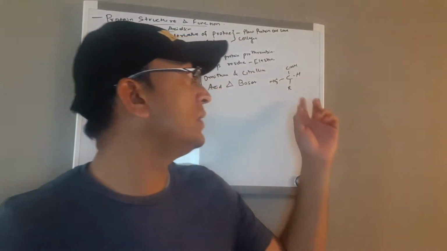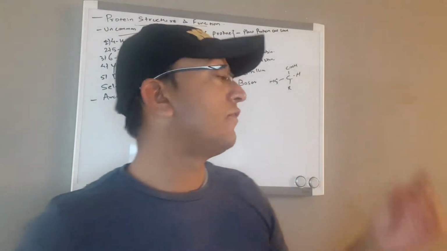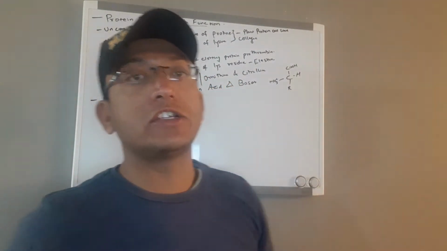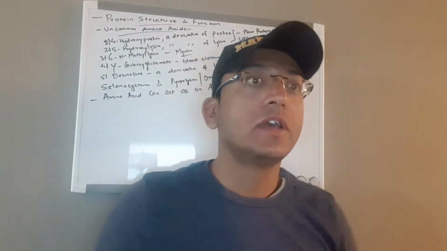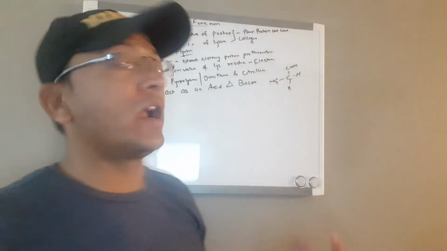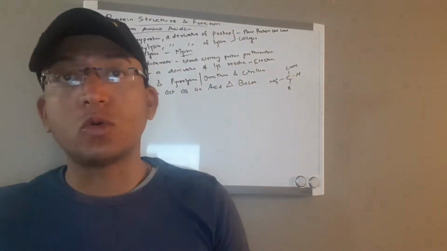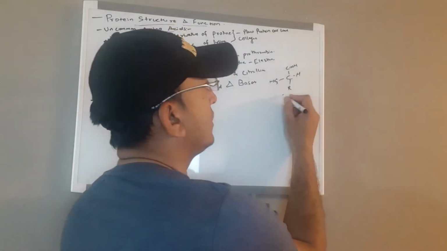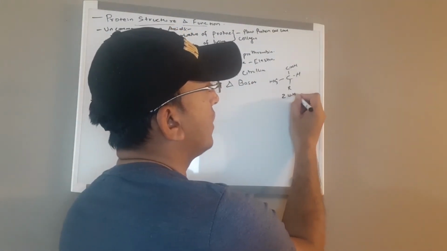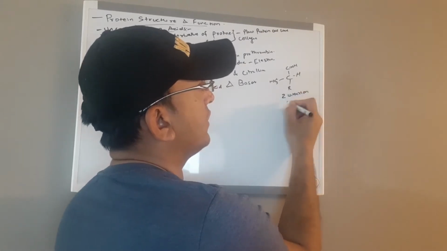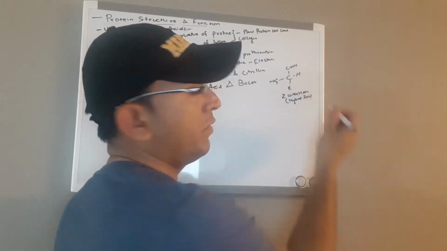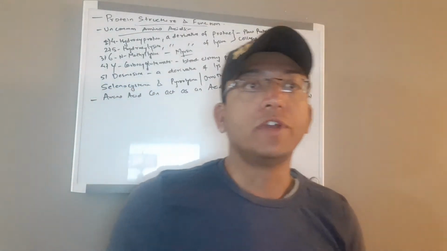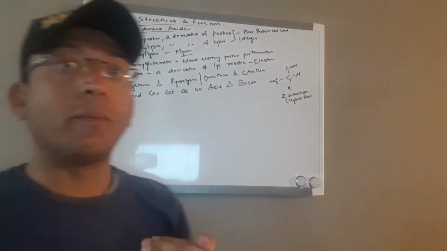If the amino acid does not have an ionizable R group, when it is dissolved in water at neutral pH, that is 7, it exists as a dipolar ion, also known as a zwitterion, or a hybrid ion, which can act either as an acid or base.